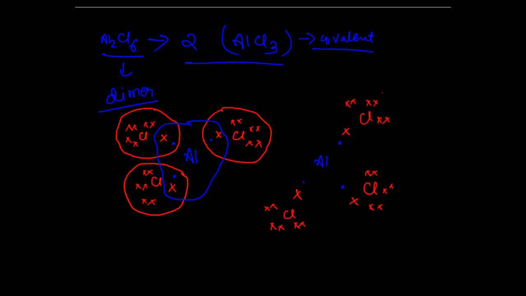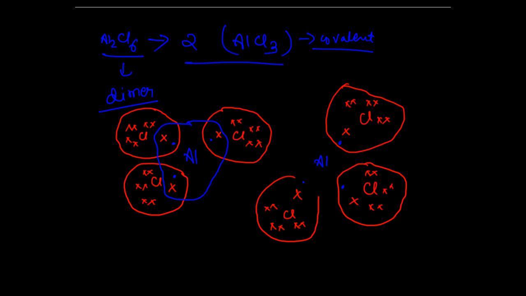So the atom for this chlorine would be this, the atom for this chlorine is this, and the atom for this chlorine is this, whereas the atom for the aluminum is this. Now since both of the aluminum atoms haven't gained the octet state, dative covalent bonding occurs between them.